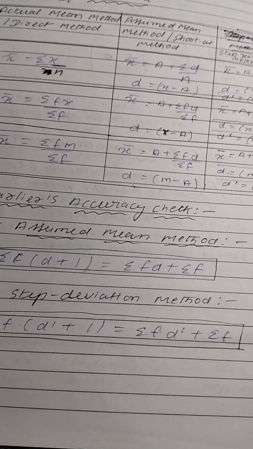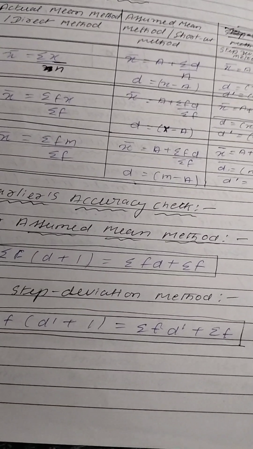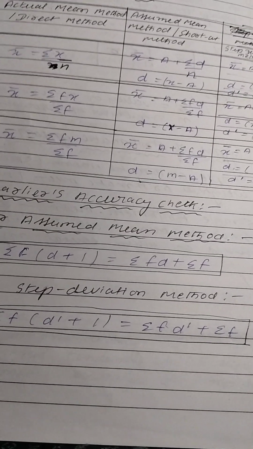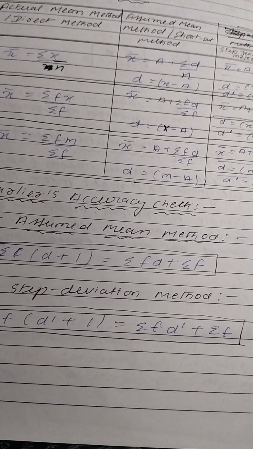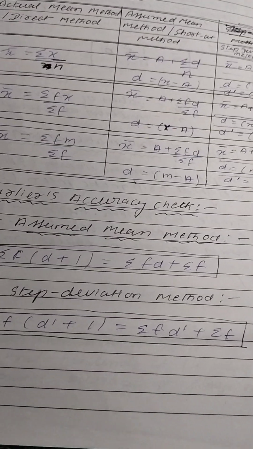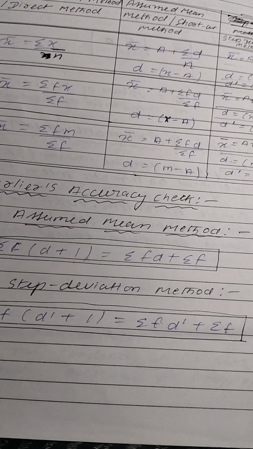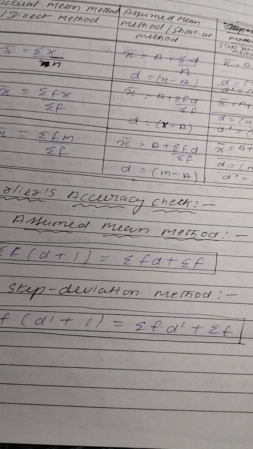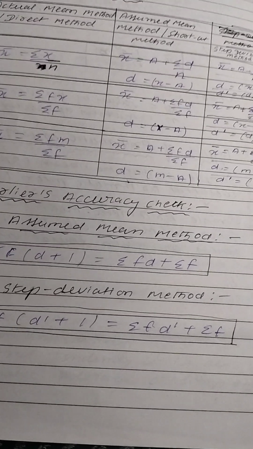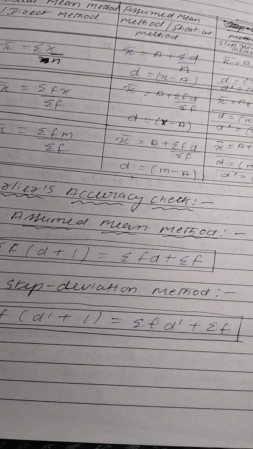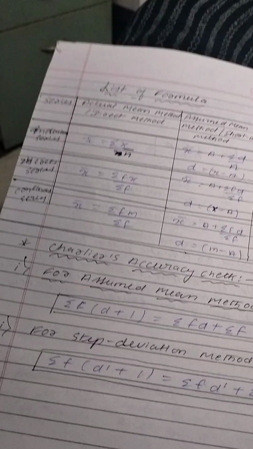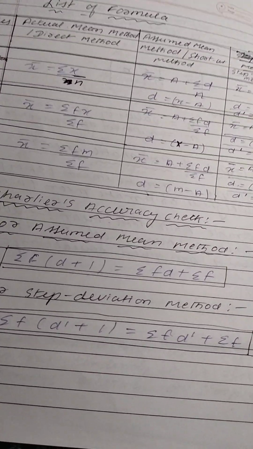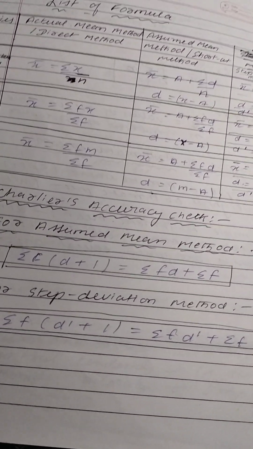Here a is mentioned as a plus sigma d by n. Here a is assumed. Then we have the arithmetic mean here, and according to the series the formulas kind of change.